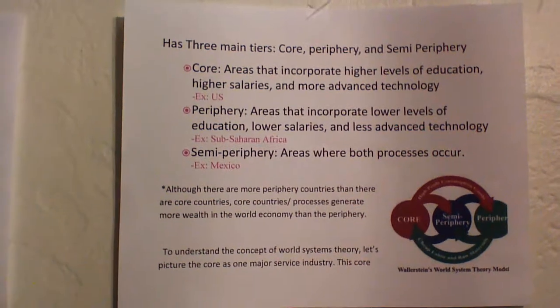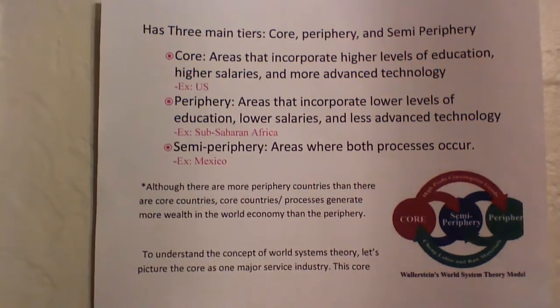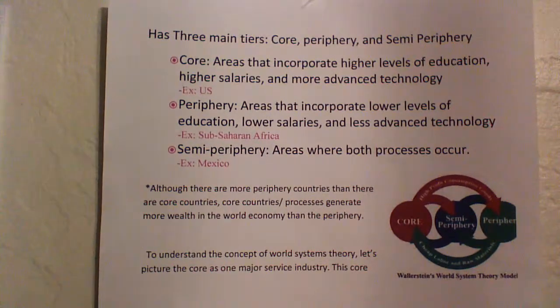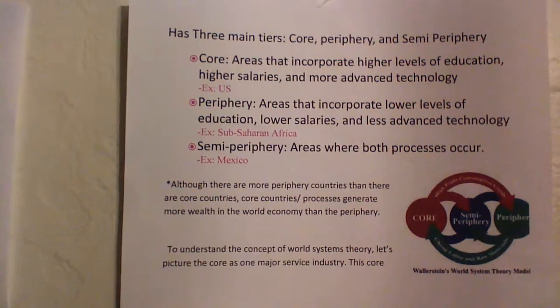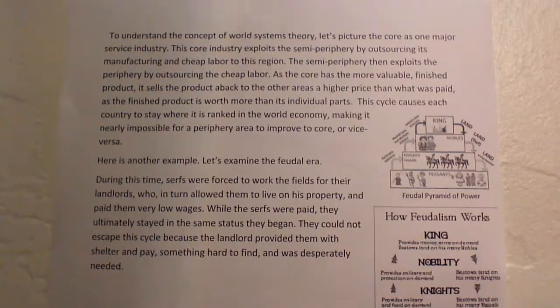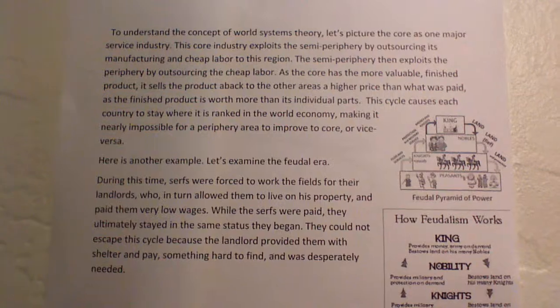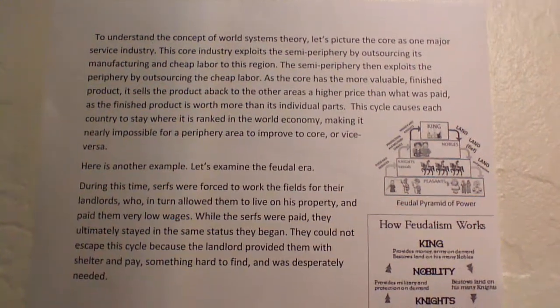Side note, although there are more periphery countries than there are core countries, core countries generate much more wealth in the world economy than the periphery. To understand the concept, let's picture the core as one major service industry. This core industry exploits the semi-periphery by outsourcing its manufacturing and cheap labor to this region.